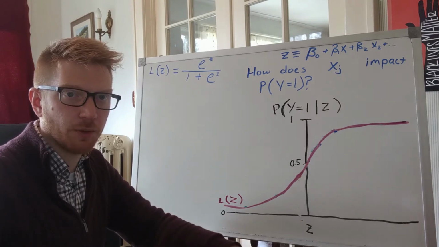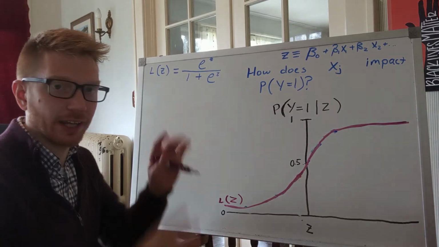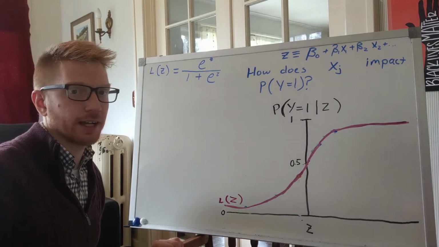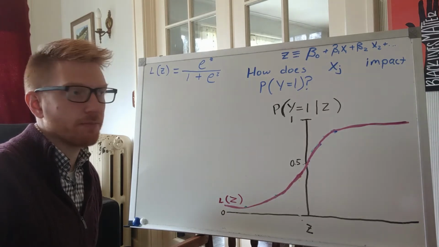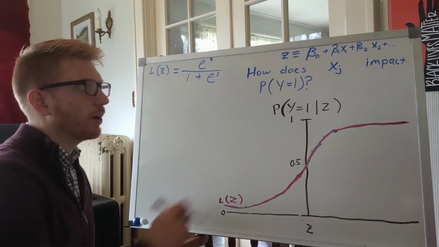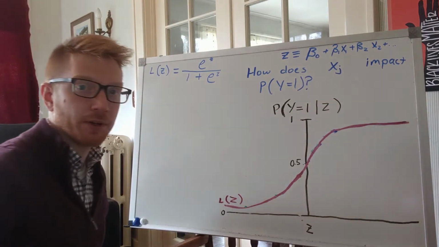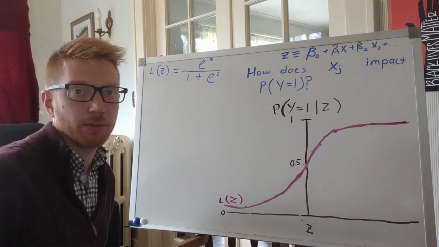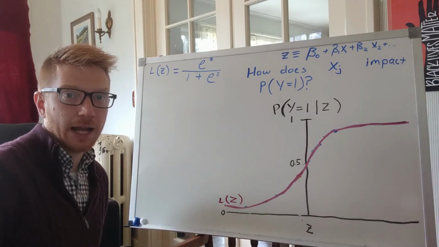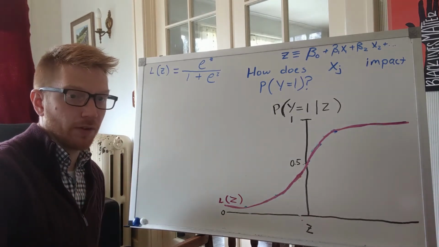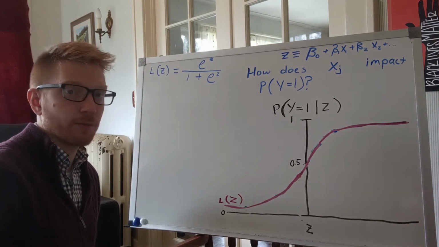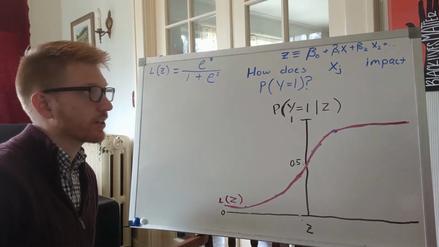So the last thing I want to look at is some discrete changes in x. Sometimes it doesn't make sense to think of an instantaneous rate of change when we know a particular variable is a dummy variable. For instance, in our lab, we looked at whether the applicant was black and how that differed in terms of their probability of rejection.